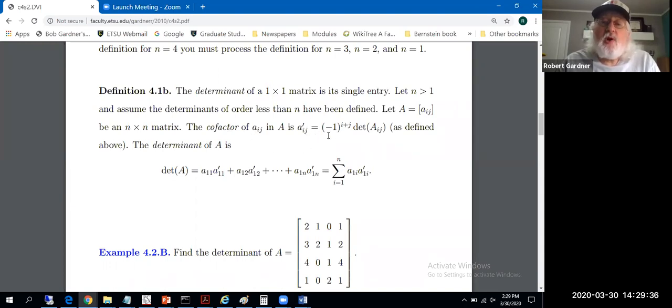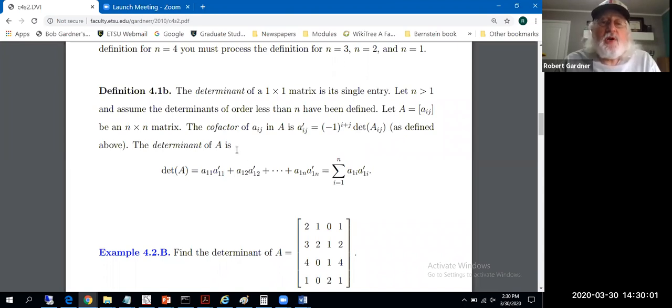A sub ij prime is -1 to the i plus j power times the determinant of capital A sub ij, where capital A sub ij is an n minus 1 by n minus 1 matrix obtained from the original matrix A by eliminating the ith row and the jth column of matrix A, like we did before.